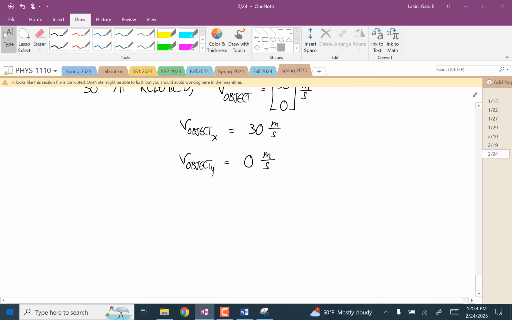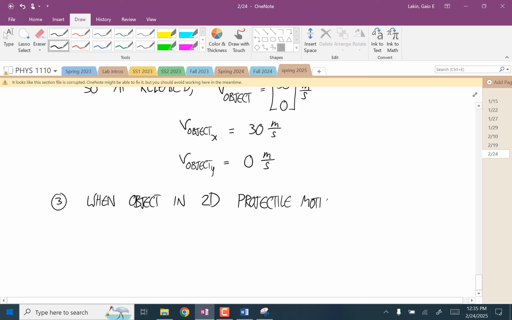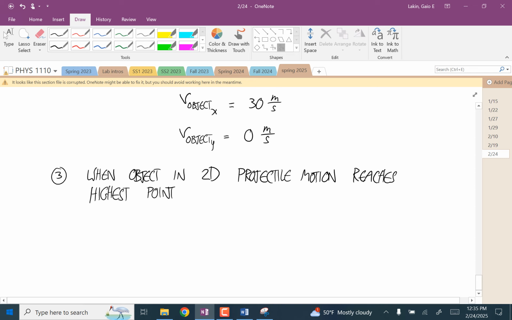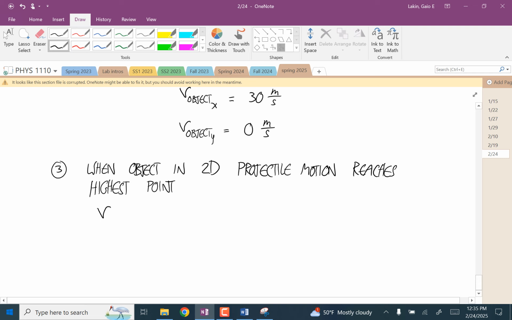So the third one is when an object in 2D projectile motion reaches its highest point, only the y component of the velocity has to be equal to 0, okay?